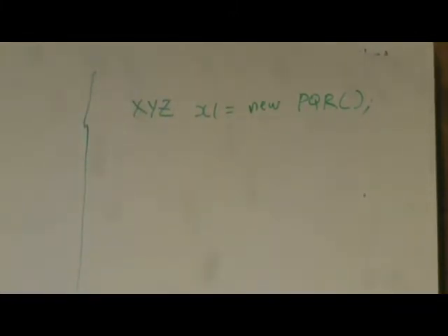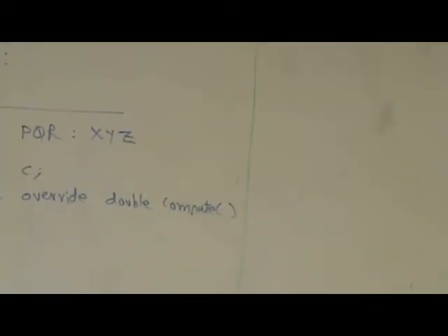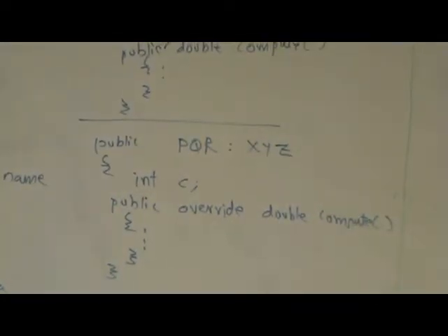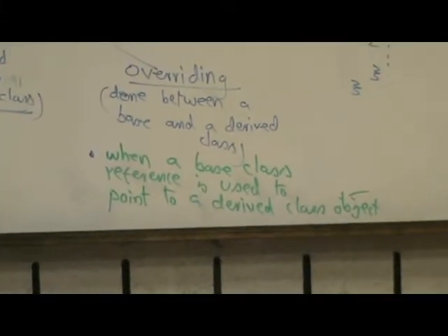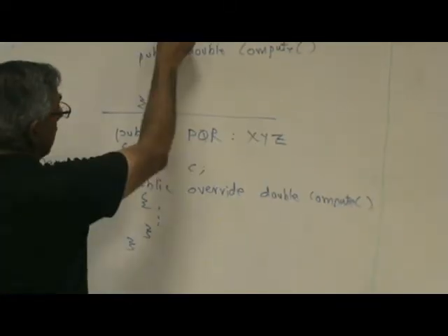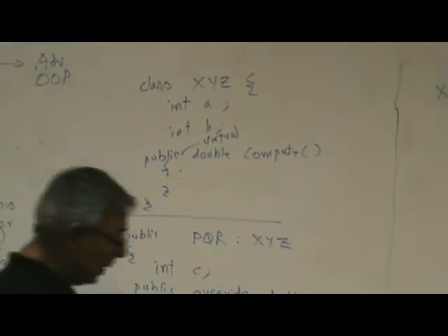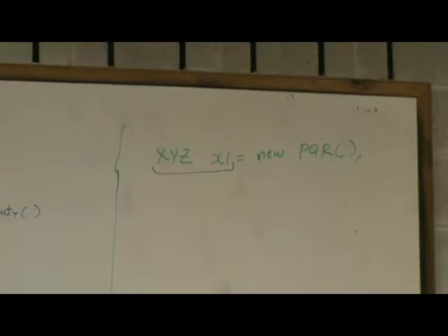Is this allowed? Yes. Remember, that's one of the fundamental ideas in object-oriented programming, that a base class reference can point to a derived class object. If PQR is inheriting from XYZ, sure, we can create a reference of this type and create the actual memory for the derived type. So it's perfectly okay, right?